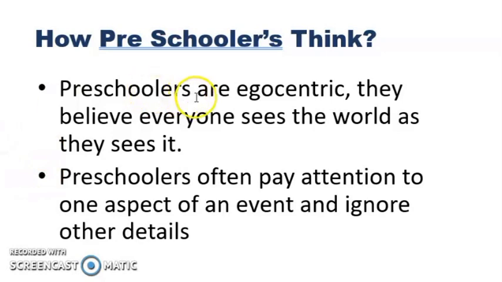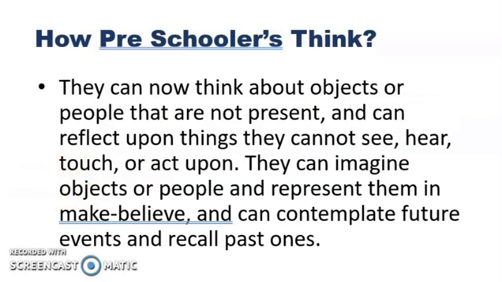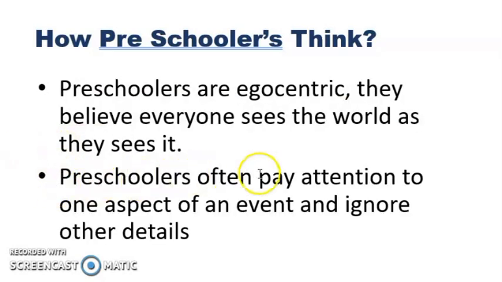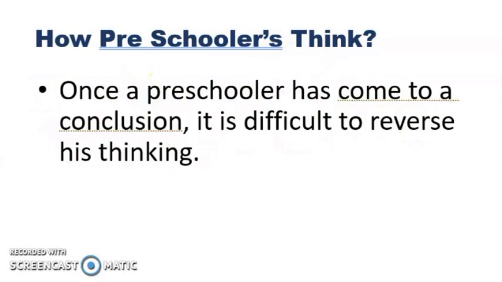Next, preschoolers are egocentric, na banggit niya kanina. They believe everyone sees the world as they see it. Okay? Preschoolers often pay attention to one aspect of an event and ignore other details. So among the 6 important terms that I mentioned earlier, ano kaya to doon? So ito ay centration. Okay, dito sa first statement, this is egocentrism.